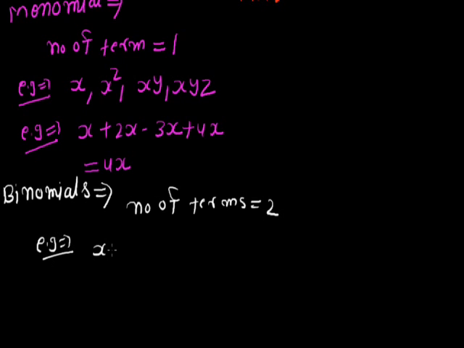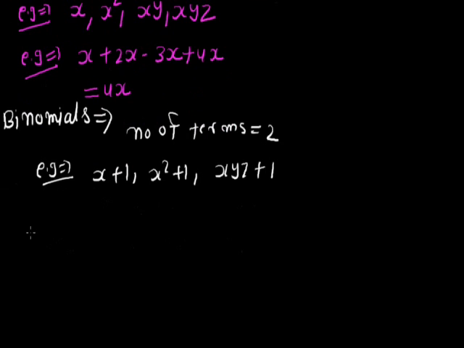This can be x plus 1. It has number of terms is equal to 2. So it is our binomial. X square plus 1. This is also example of binomial. And xyz plus 1. This is also example of binomials. Okay. Here we observe that these all expressions have number of terms is equal to 2. So these all are our binomials.